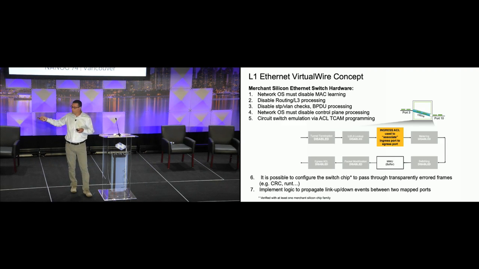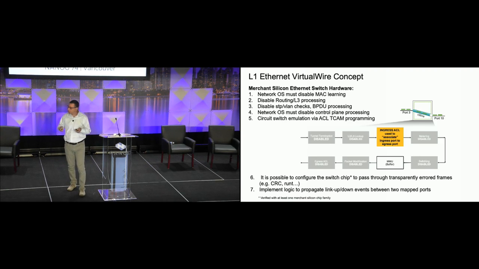And all the switch is supposed to do is, to program port 3 to be connected to port 10, program effectively an ingress ACL. And this ingress ACL has a very simple rule, which says associate all the traffic coming from port 3 to port 10. And because you have disabled all the rest of the processing, you effectively have already emulated a layer 1 switch. It's a nifty trick which allows you actually to use a white box as a true, let's say, as a quasi layer 1 switch.